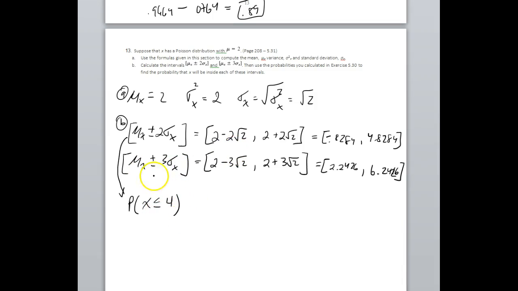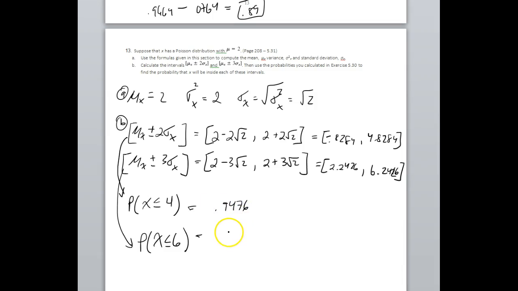Okay? And then similarly, for the next one, we're just looking at the probability of x is less than or equal to 6. And that's it. So then we would go back to the prior problem, and we would calculate those probabilities, which I'll let you guys do, because again, this is getting long in the tooth.